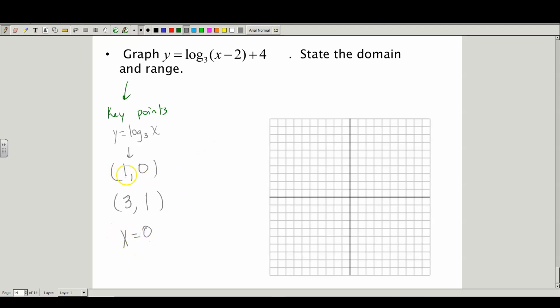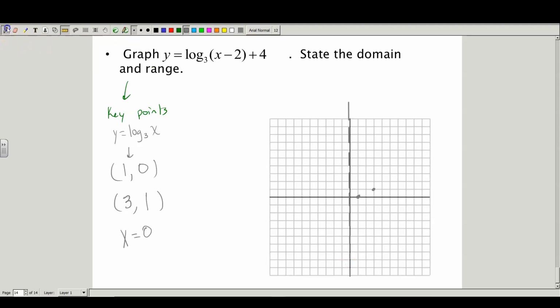So if I were to graph this base function, which is not my actual answer, but just to show how we start, those are my first two key points. If I plot (1, 0), I have this, and then (3, 1) is right here, and I have a vertical asymptote right here, our dotted line.